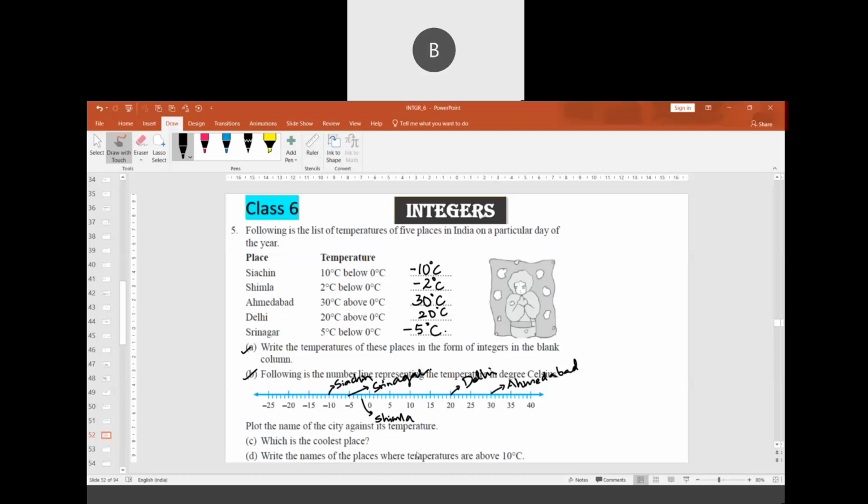Write the names of the places where temperatures are above 10 degrees Celsius. Above 10 degrees Celsius, which are the places? Ahmedabad and Delhi.